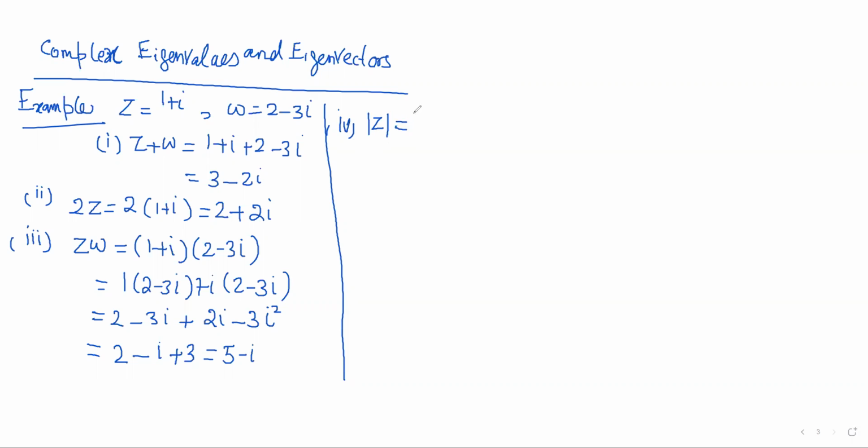For example, z is equal to 1 plus iota, so the modulus of z, or the length, is equal to the square root of 1 square plus, not iota square, but 1 square, which is the real part, and the square of the coefficient of the imaginary part.